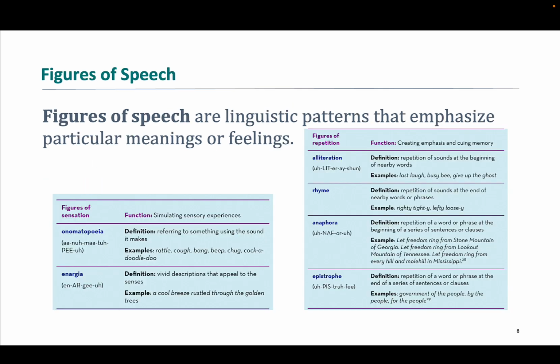Now, this isn't to say you can't incorporate some figures of speech into your own speech. In fact, these linguistic patterns might be very effective depending on the situation. Now, I'm not going to read all of these. They're in your book. There are things like figures of sensation, onomatopoeia. You've probably heard of those. Figures of repetition like alliteration and rhyme.